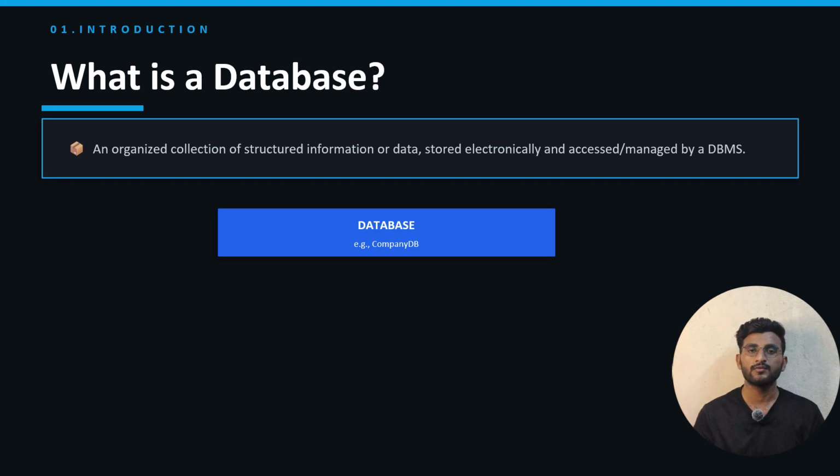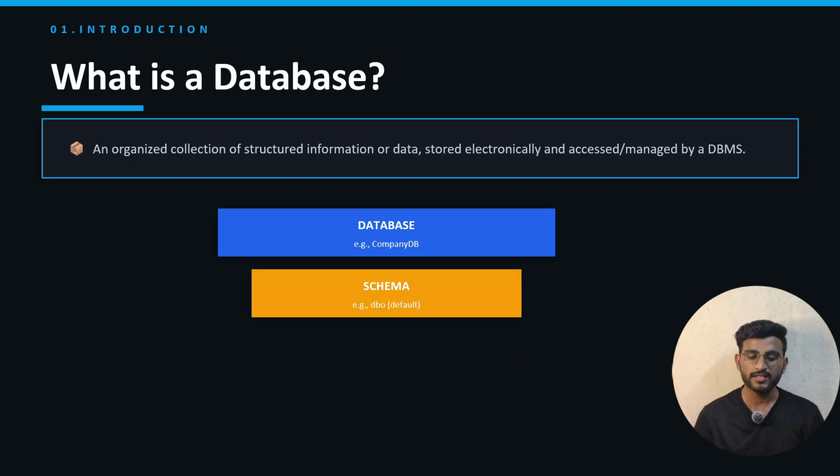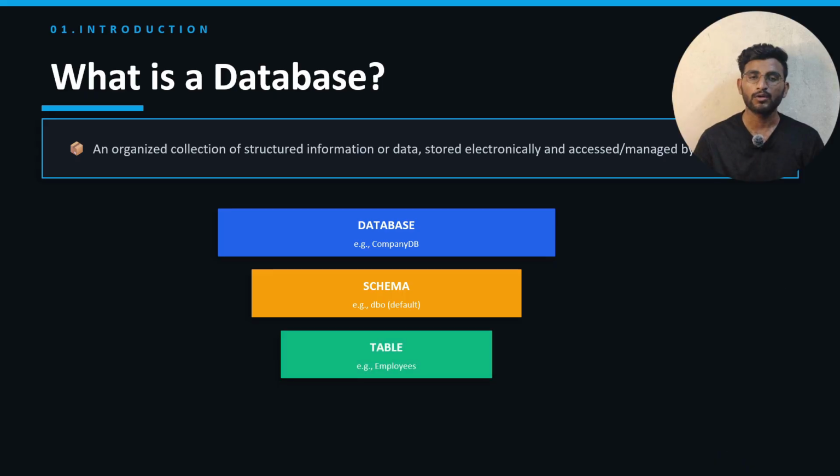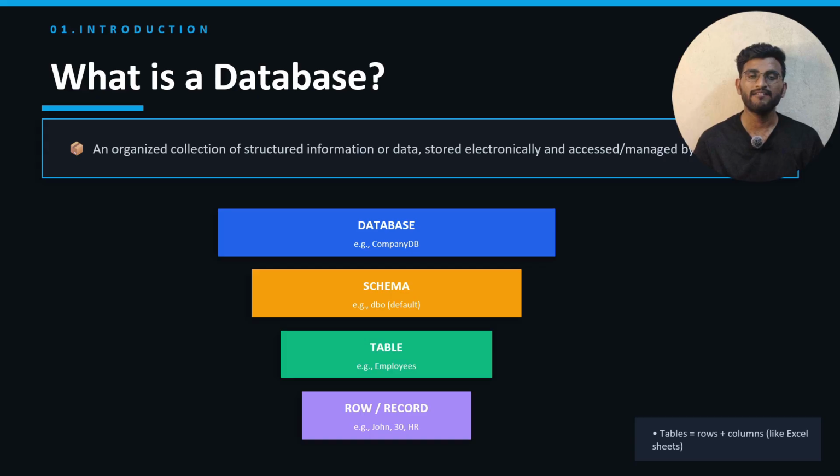Under that database, we will have a schema. Under that schema, we will have a table. In that table, we will have columns and rows. In those columns and rows, we will have each cell. Like in Excel, we have a column and a row, and at the junction of that column and row we have a cell. In that cell, we have the raw data.